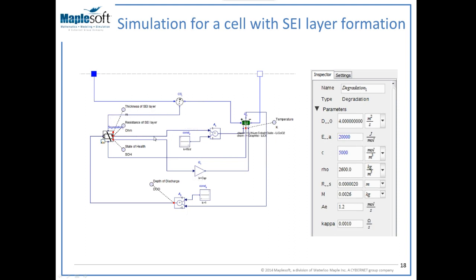The two outputs of this block are the internal resistance of the battery, which is caused by the formation of the SEI layer, and the state of health of the battery. The parameters that are used to describe the life model of the battery can be entered numerically, or they can be entered symbolically, allowing this model to be curve-fitted if you have experiment data for the battery degradation.